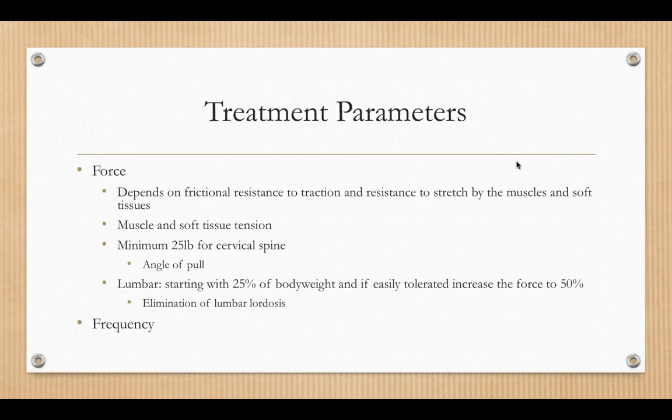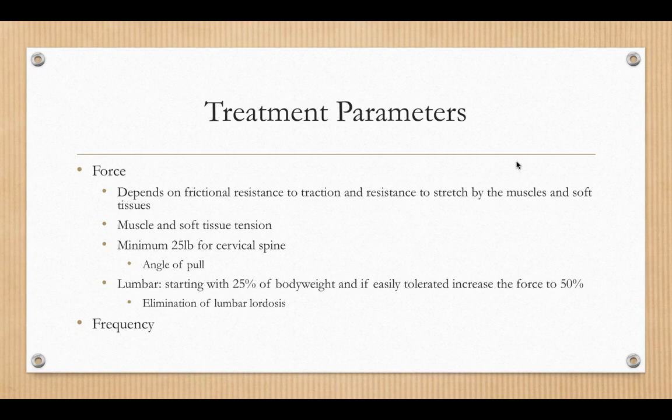that's also a sign that that's a position that we potentially want to use within traction. For lumbar, we start at about 25% body weight, and if that's easily tolerated, we go up to 50. Again, that's much easier to determine when we're using a mechanical traction where we can set those forces. We potentially, as manual, have to just go with as much as we can produce.